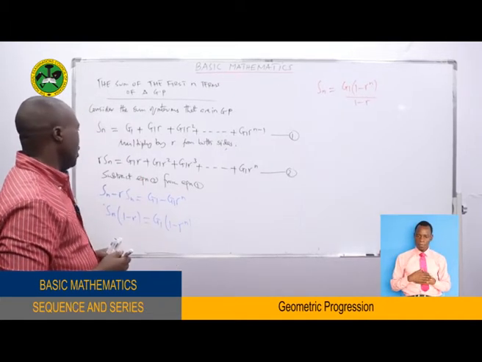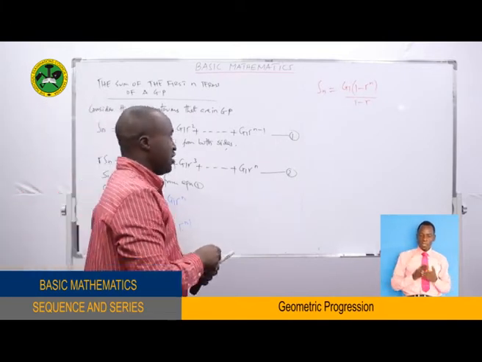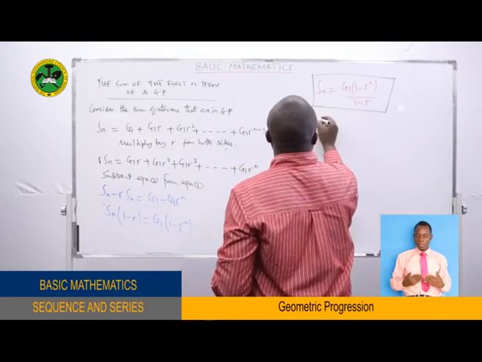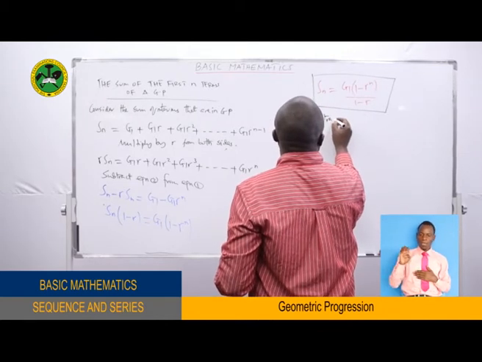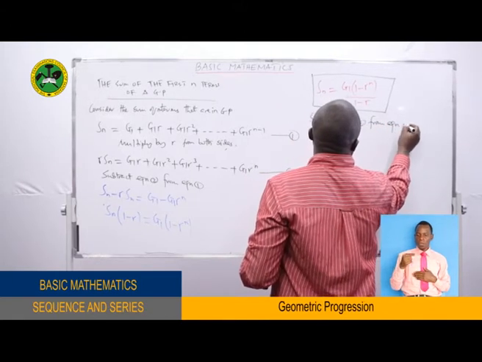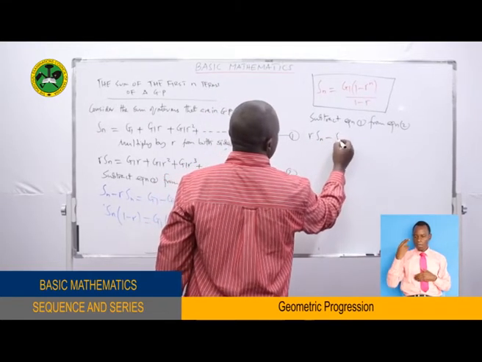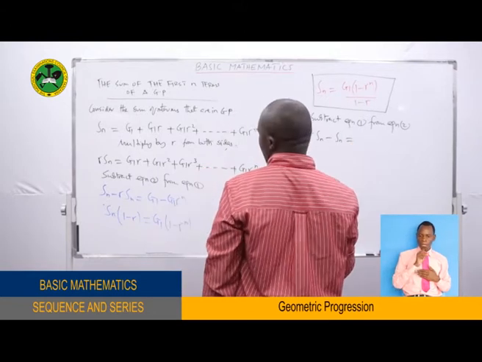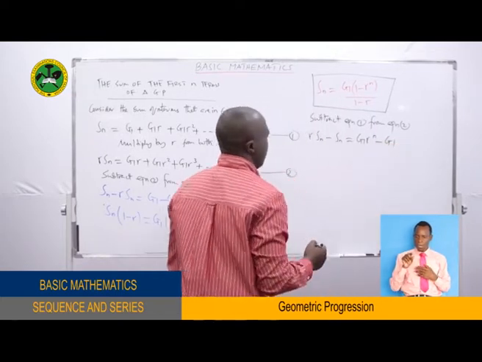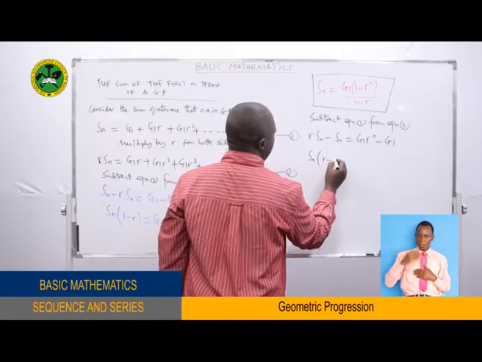Again, suppose we take equation 2 minus equation 1. That is, subtract equation 1 from equation 2. So in this case, we have R S_n minus S_n, which is equal to G1 R power n minus G1. So again, S_n is common, so we have S_n bracket of R minus 1.